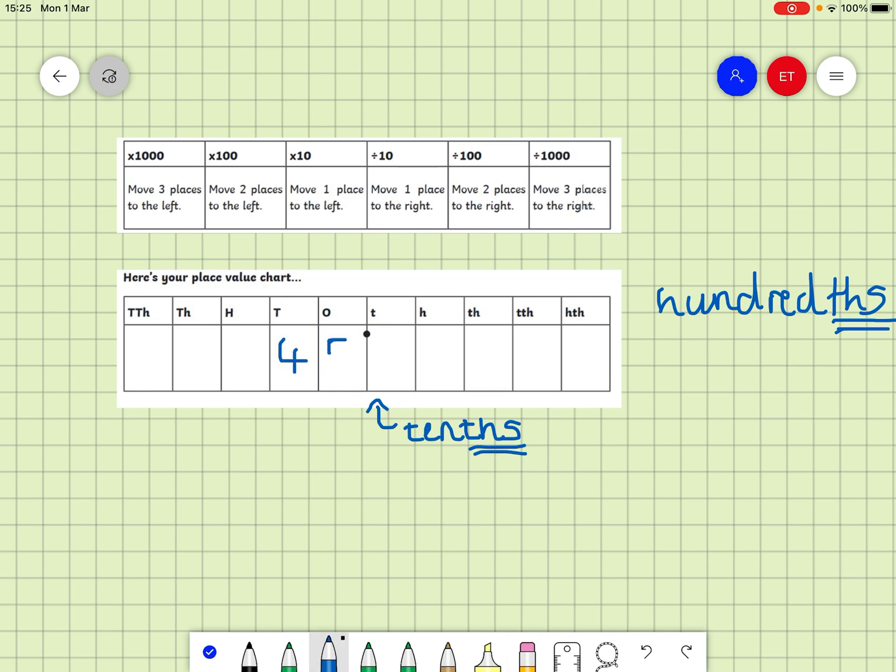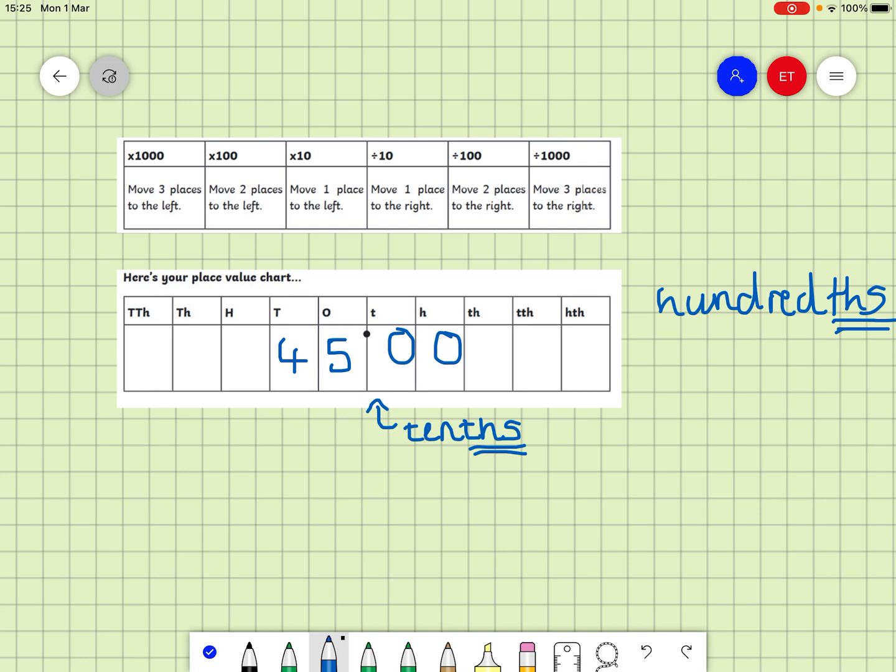Okay, so there would be our 45 and there's no value of tenths and no values of hundredths. So 45.00, okay? You don't have to put the 00, I'm just showing you that there would be no value of tenths or hundredths in that because it's 45.